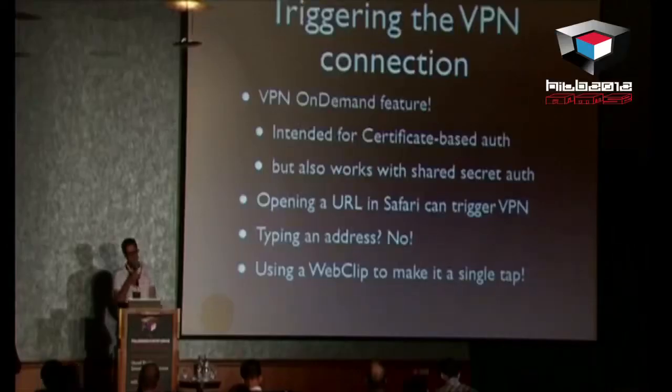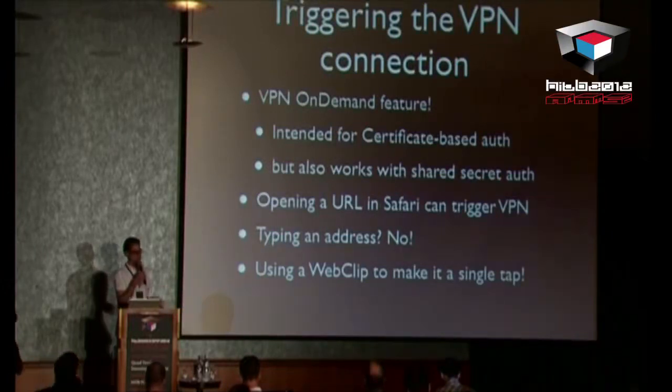The problem is also that not every system daemon is triggering a connection. It's designed for the user. If he is in the enterprise network and opens the email client that will access the enterprise's email server, this would usually trigger a VPN connection. Same would be for Safari. If you just type in a URL that is defined as the trigger URL, this would also dial the connection.